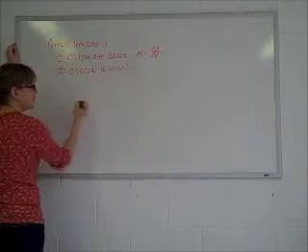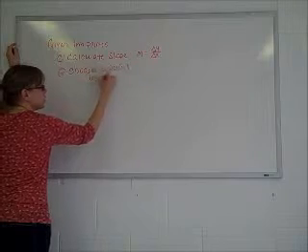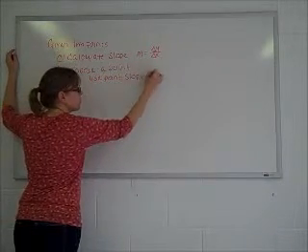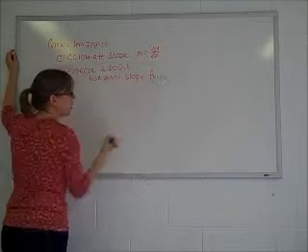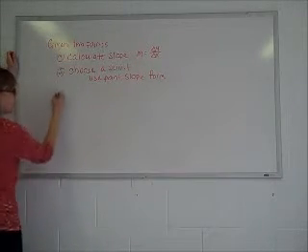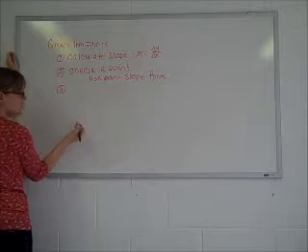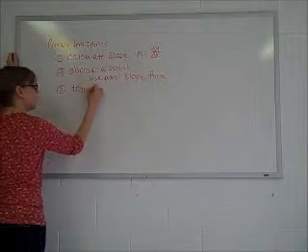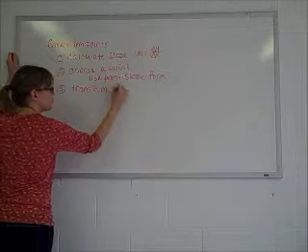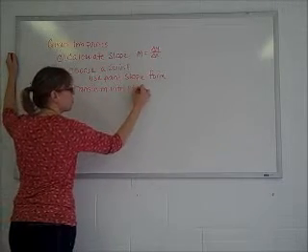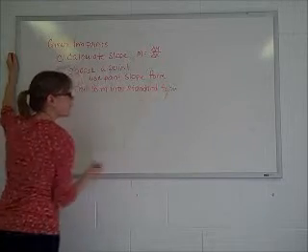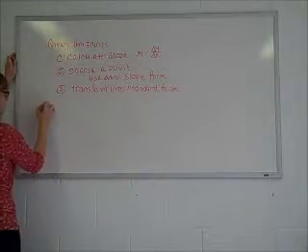Choose a point and use point-slope form, just like we did in the previous examples. Then remember to finish it up, transform your equation into standard form. So let's try an example.